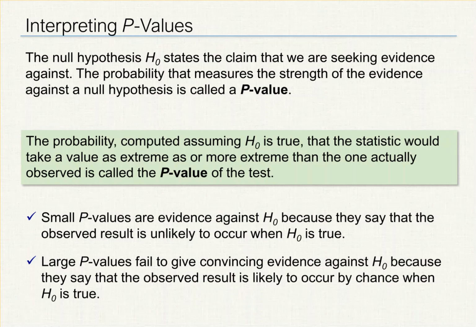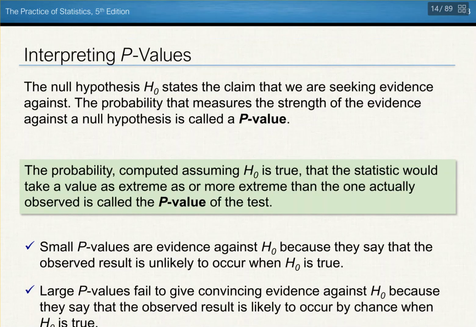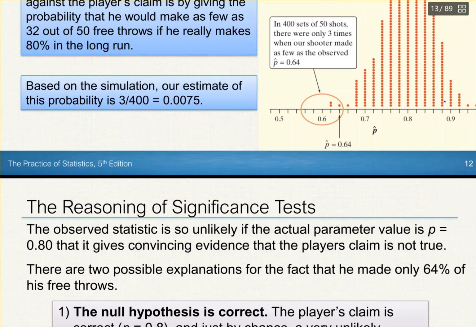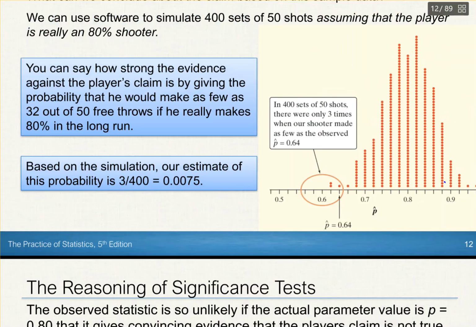All right. The probability, computed assuming H naught is true, that the statistic would take a value as extreme or more extreme than the one actually observed, is called the p-value of the test. Like in the previous case, using the numbers that we have right here, there was 0.0075. That would represent our p-value, because the chance of what happened, or worse, was 0.0075.